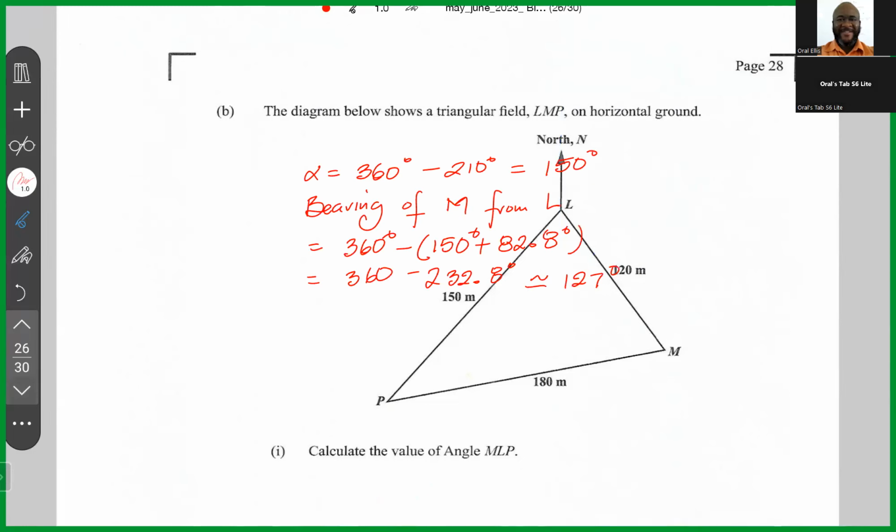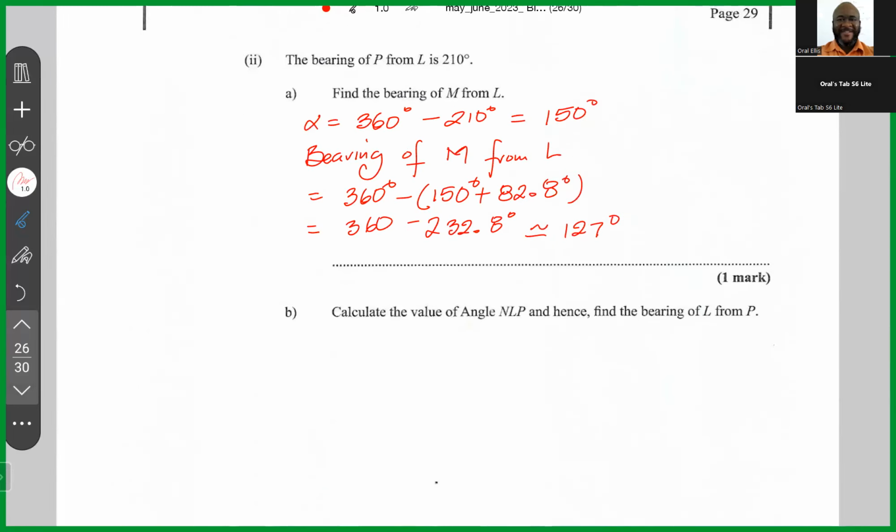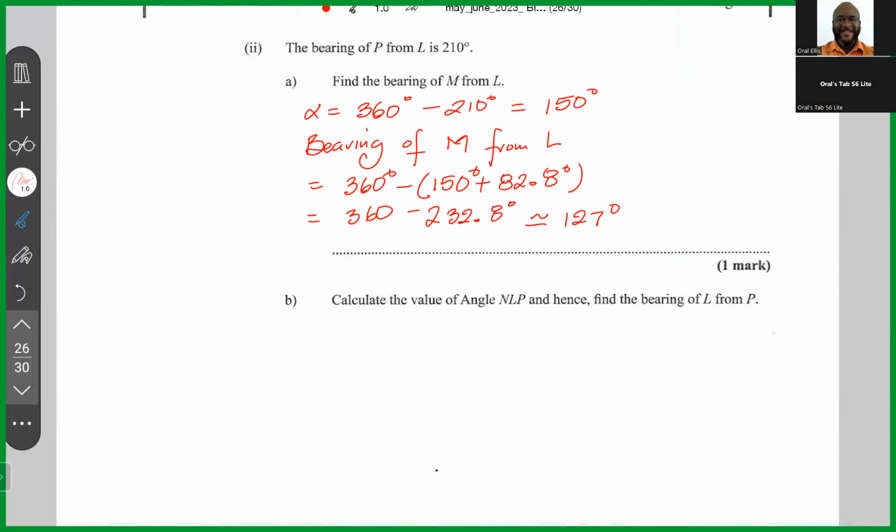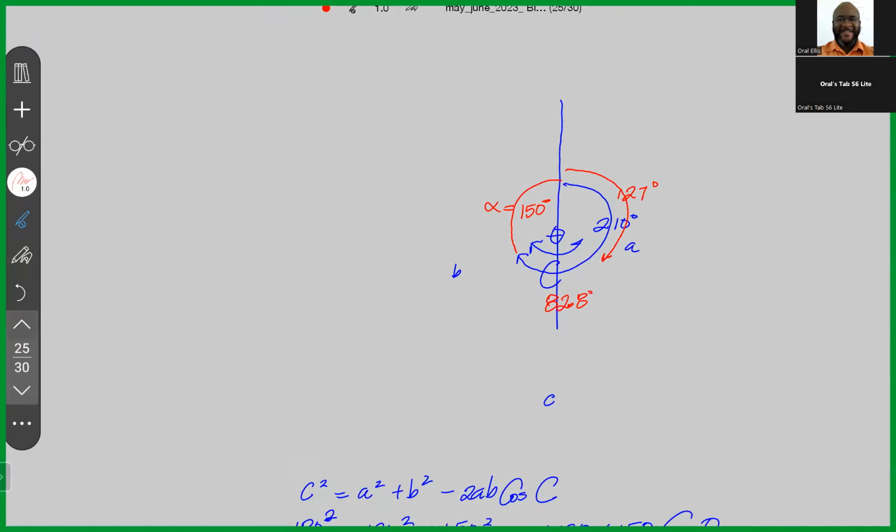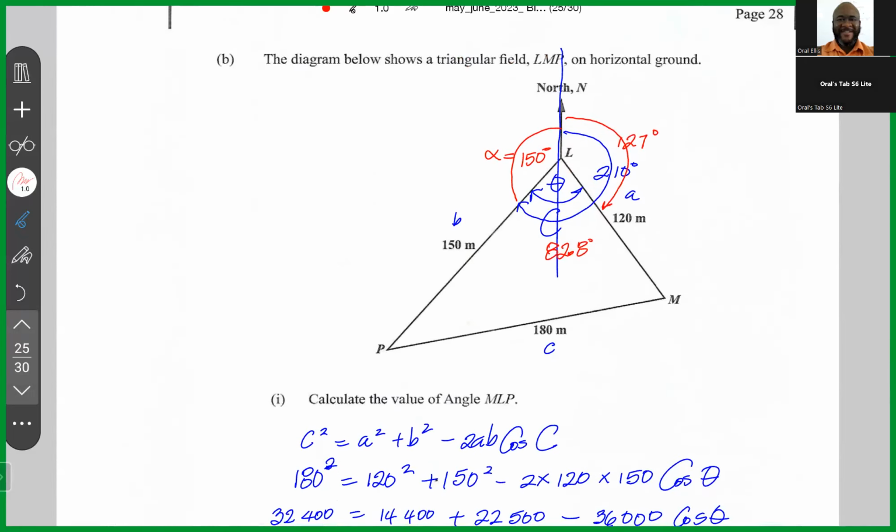Lastly, we're asked to calculate the value of angle NLP. Angle NLP. All right, the only N I'm seeing there is the north. So NLP, wonder which one they want. NLP, you could go two directions.